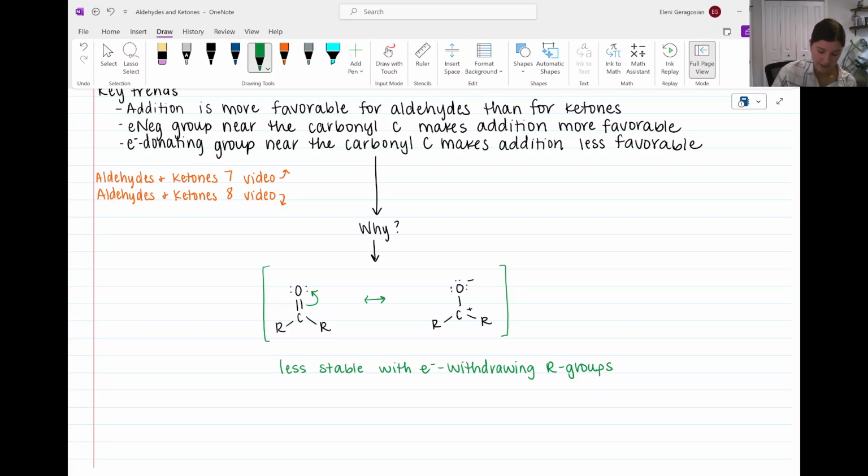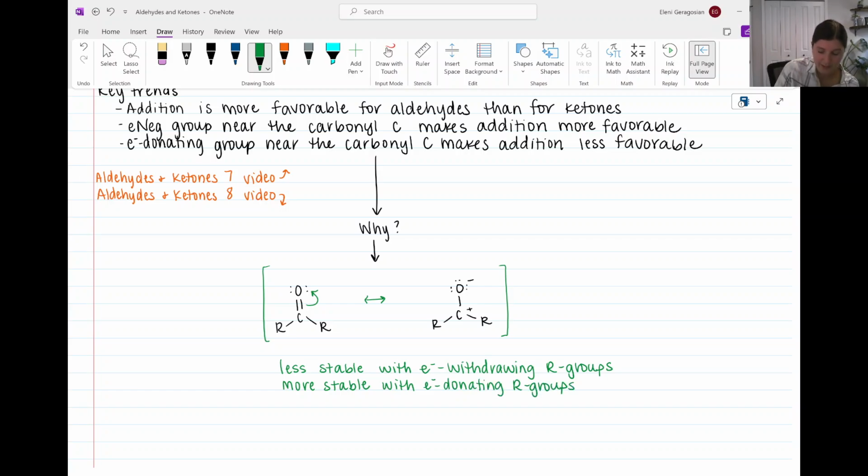Now the molecule in general is more stable if the R groups are electron donating, because now those R groups can provide electron density towards the carbonyl carbon. So more stable with electron donating R groups.